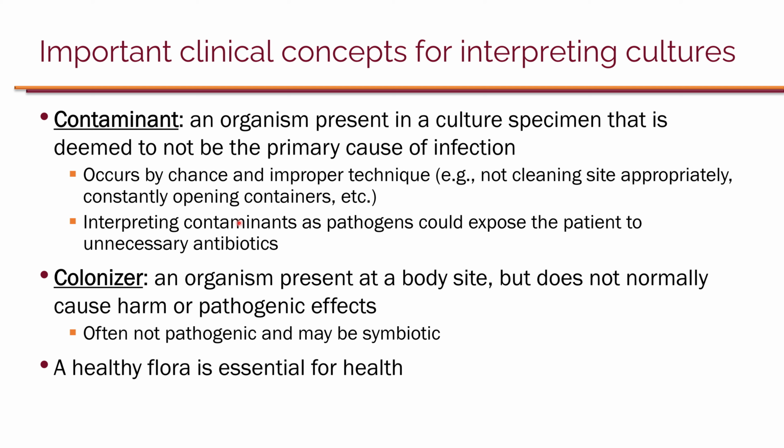Now, a couple of concepts to keep in mind. One is the concept of contaminant. So a contaminant is an organism present in a culture specimen that is deemed to not be the primary cause of infection.